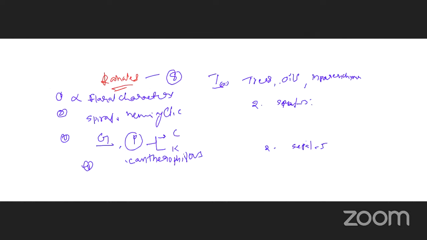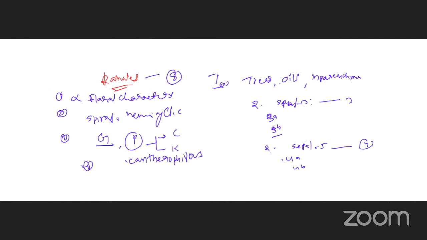Then 2A, 2B. Actually, go to 3 is 2A, 2B. Sorry, this one, go to 3. So 3A, 3B. Sepals 5, go to 4. Number 4, this 4A, 4B. Always two characters.